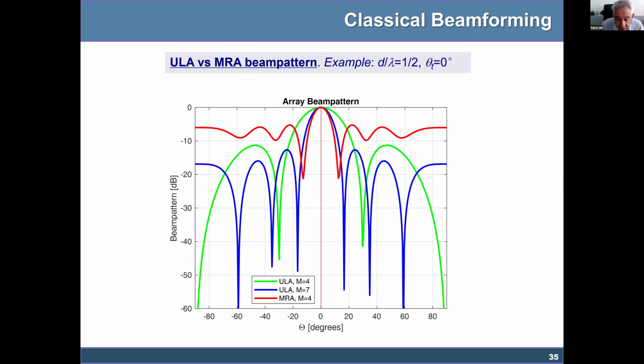So it's not important the value at the maximum, that by construction is 1. What you have observed is that when you look at a beam pattern to understand if the array is good or not, you have to look at, roughly speaking, two things: the beam width of the main lobe and the level of the side lobes. It's clear that you cannot improve both. It's always a trade-off.